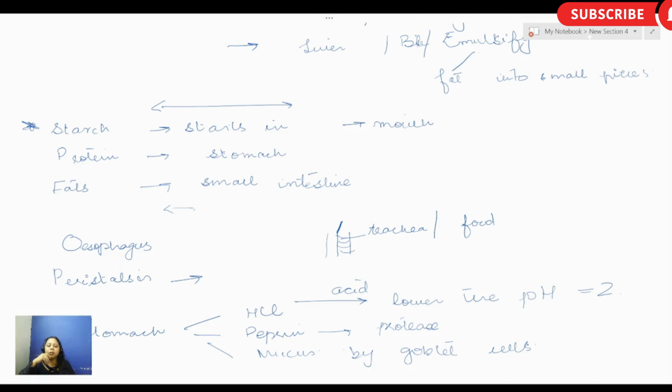When mucus is not released, or you take in more spicy food, more acidic food, that lowers the pH even more. Okay, and when the pH is lowered even below 2, it is going to affect your stomach. The lining will be damaged and it will result in an ulcer. So what happens in an ulcer?